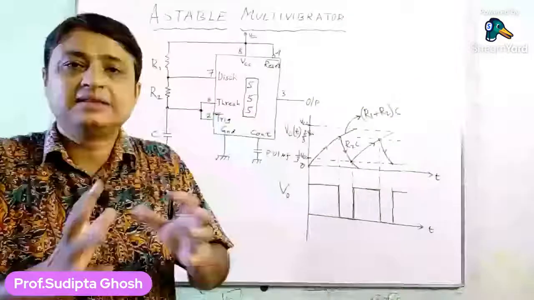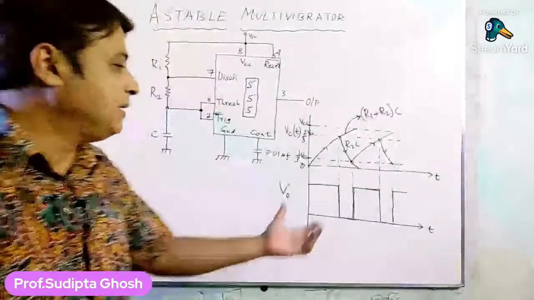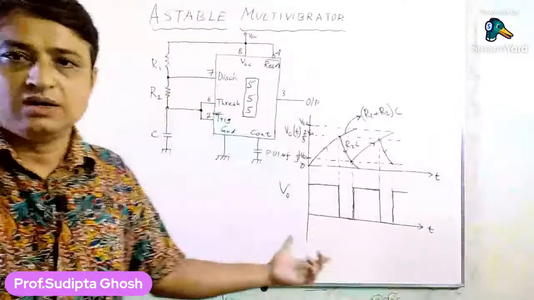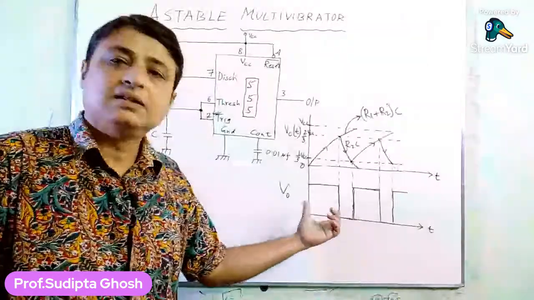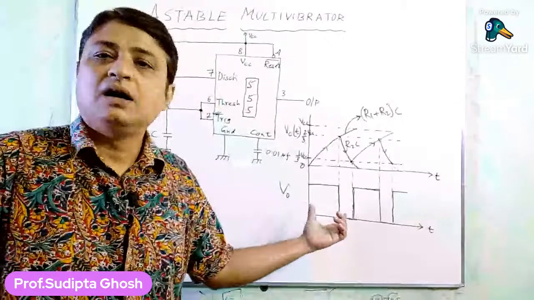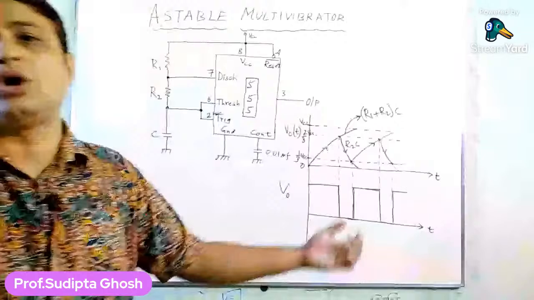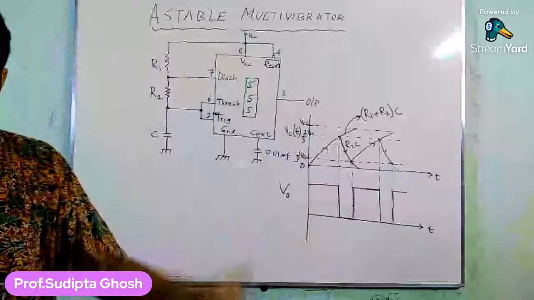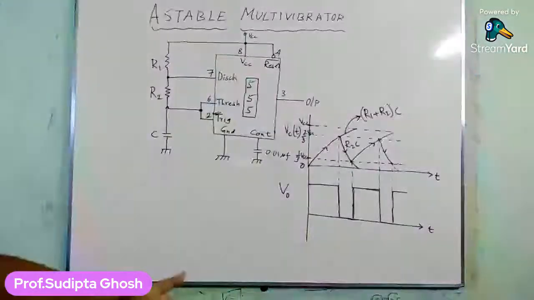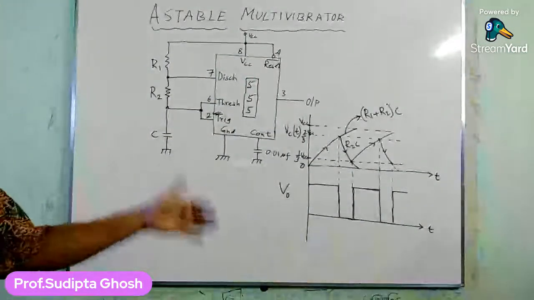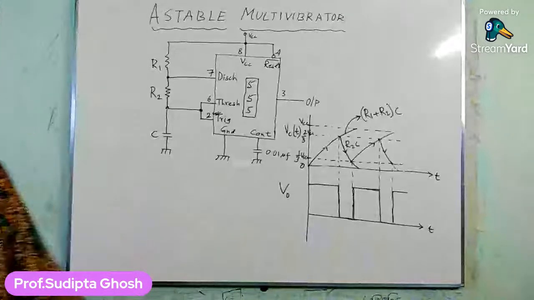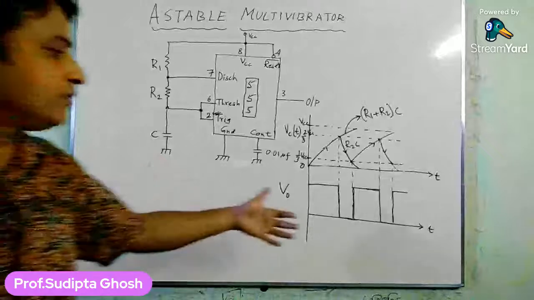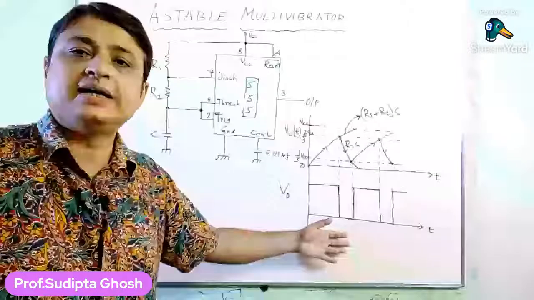That will change the width of the high state or the low state of the output waveform. In the next part of this lecture, I will show you how the width can be changed, and what the frequency of the waveform generated here is.